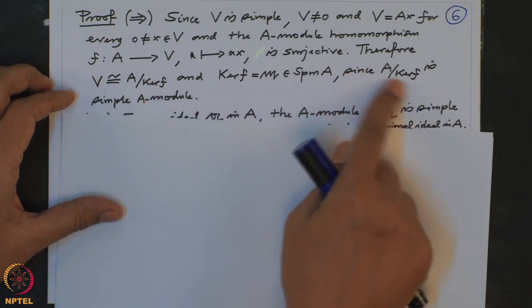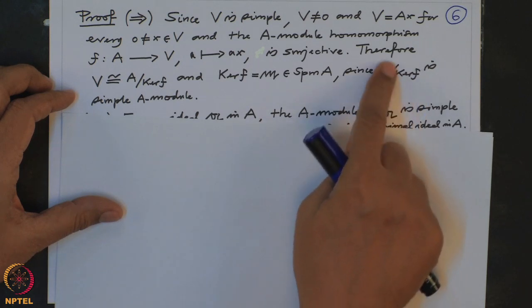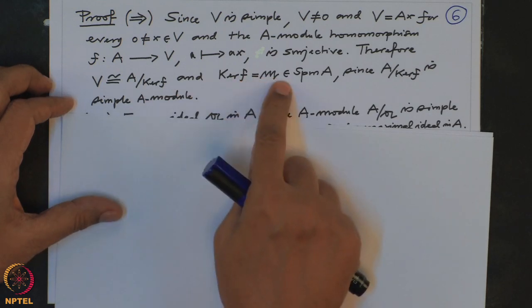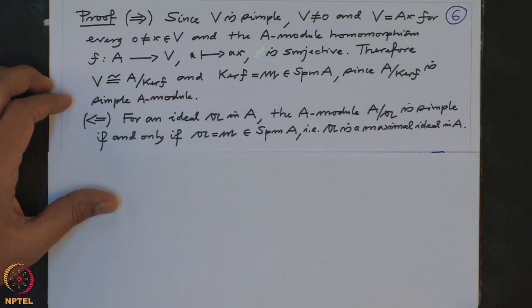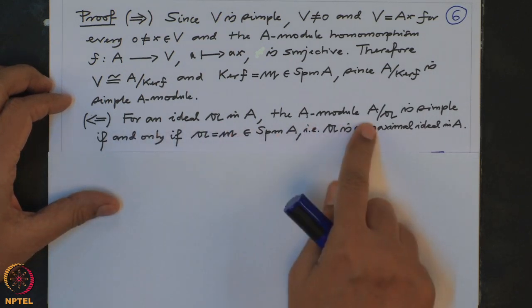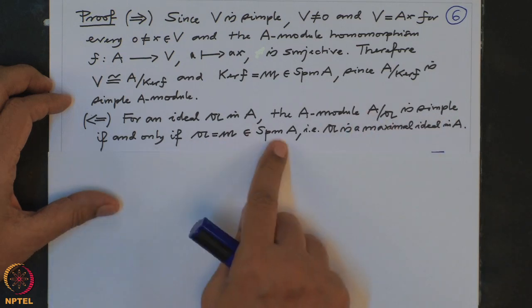Therefore, it can't have any proper ideals. So, A mod kernel of f has to be a field. Therefore, M is a maximal ideal there. So, one way we have proved. The other way: if you have an ideal in the ring A, then the module A by I is simple if and only if I is a maximal ideal.